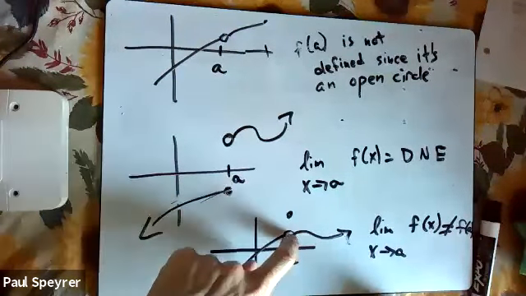So let's start with the conditions, right? Like, oh, the first one was, is f of 0 defined? So is f of 0 defined? What does that mean? Can we plug 0 into here and will some kind of y value that exists pop out?